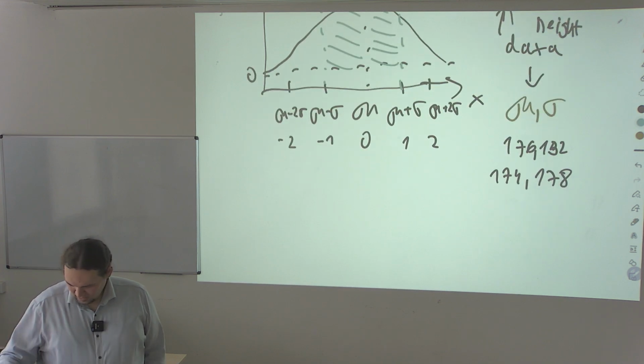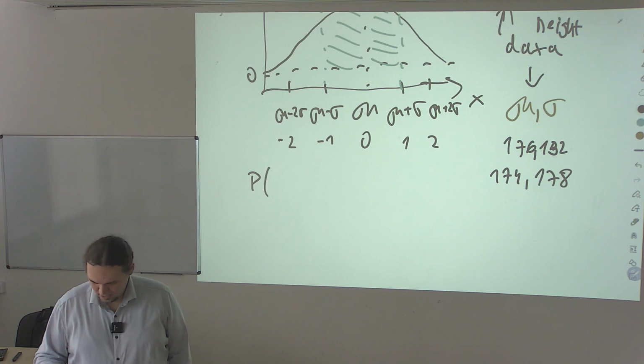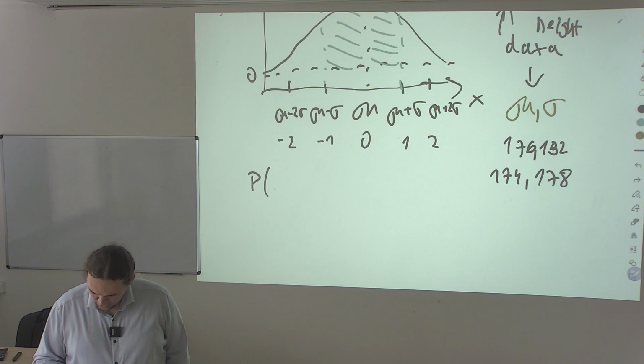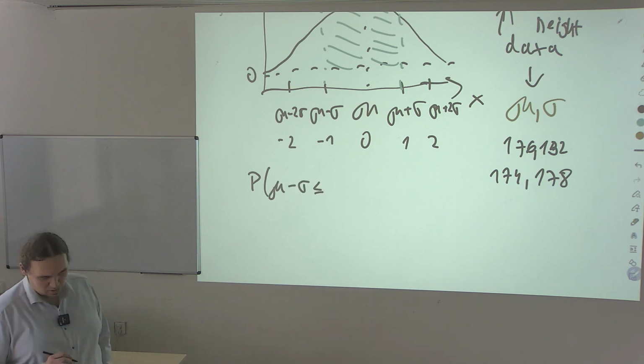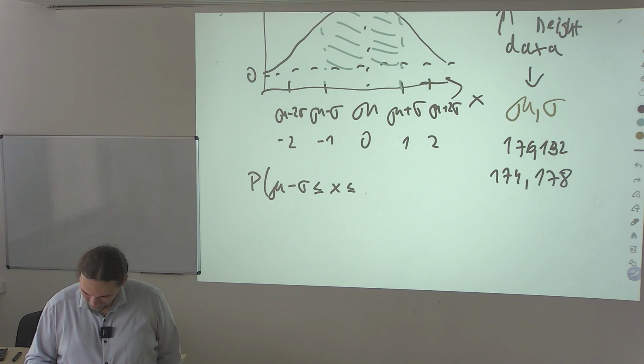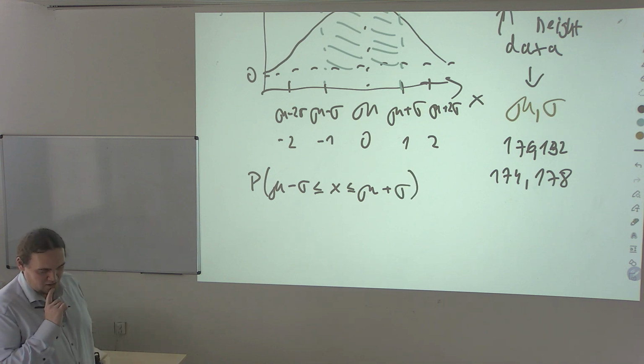So let's ask now the question: what is the probability that our x is between the mean minus 1 sigma and the mean plus 1 standard deviation?